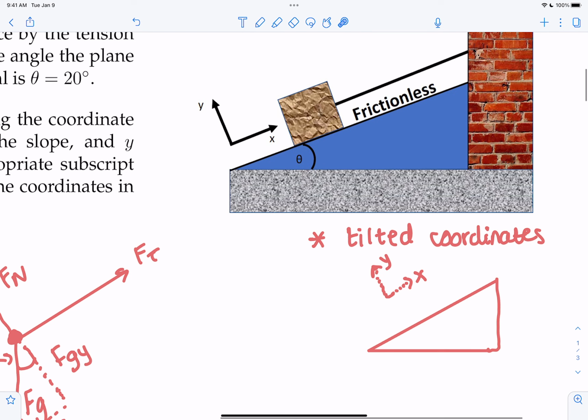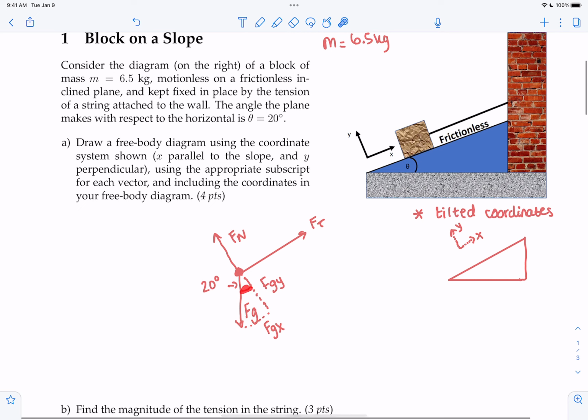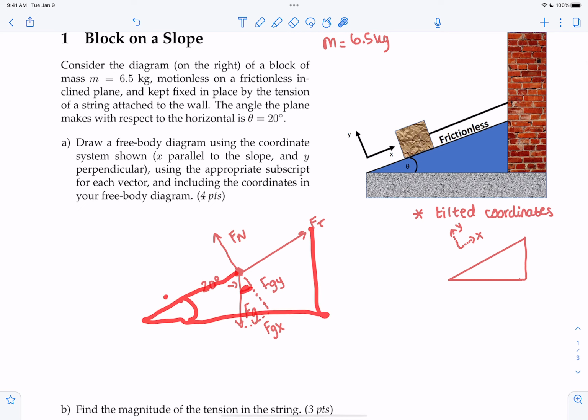So whenever you have this angle of incline, if we're drawing our free body diagram like this where gravity is pointing downwards, and then we have this tilted y-axis where we have FGY and FGX, then know that this angle right here is the same as this little angle in that makeshift triangle that we're doing. If we continued this triangle here, this is the incline, this 20-degree angle is the same as this little 20-degree angle there in our little makeshift triangle.